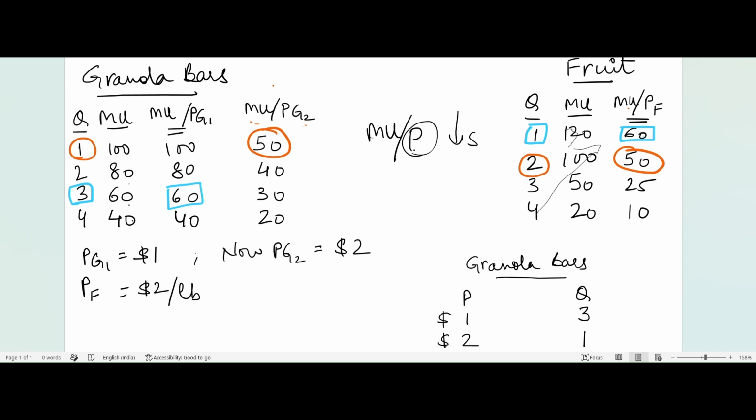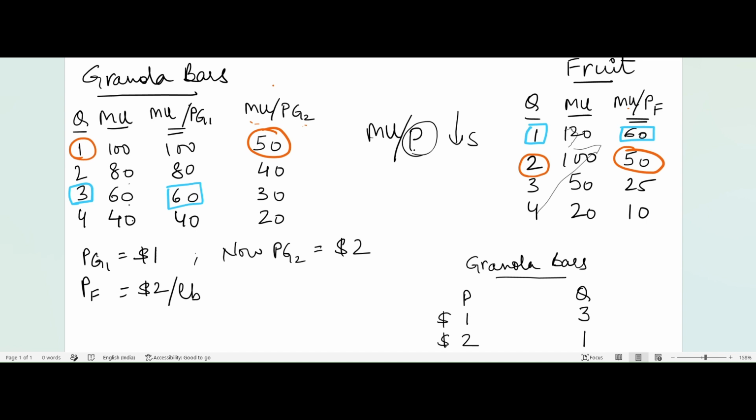This law of diminishing marginal utility explains why, as the price of the product increases, the quantity demanded by a consumer goes down. Because as the price of the product keeps increasing, the marginal utility derived from that product keeps on diminishing per dollar. And that is why the consumer consumes less of that commodity.